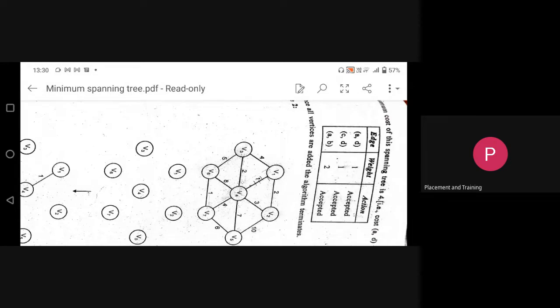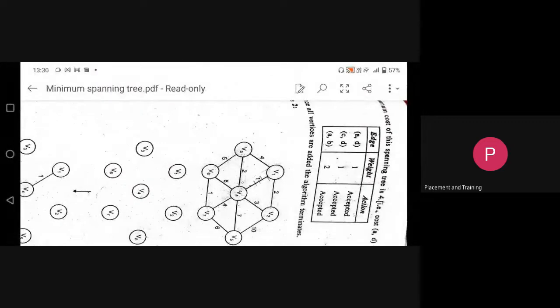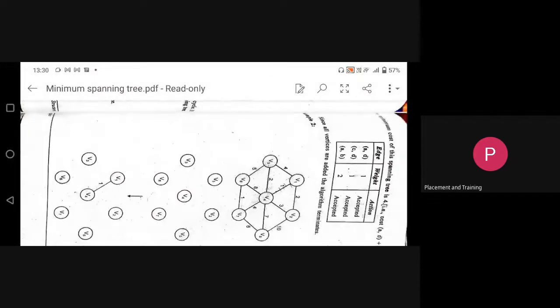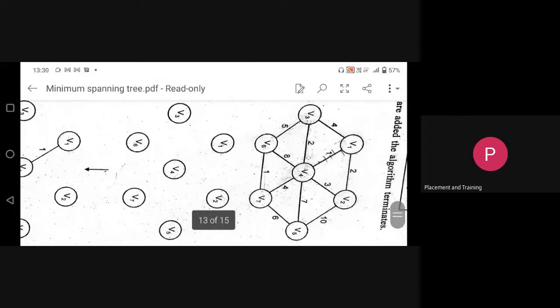Just a second, I'm just trying to fix it. Okay, ma'am. The graph is a little tilted. Okay, I think it is visible now.